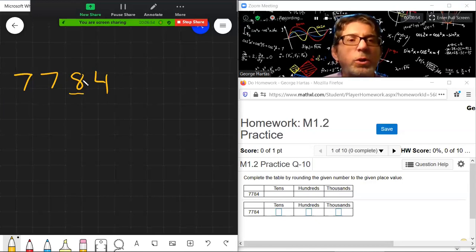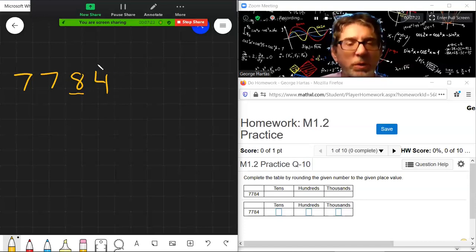Then you look to the digit to the right. This digit to the right of the underlined number will tell us what to do. Are we going to round up or round down? If this digit is 5 or more than 5, we're going to add 1 to this, and this becomes a 9.